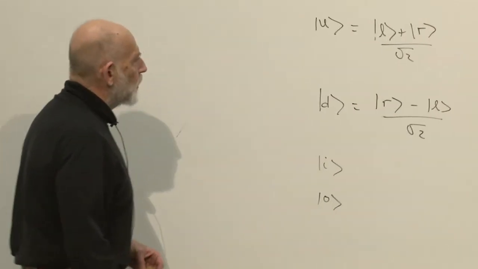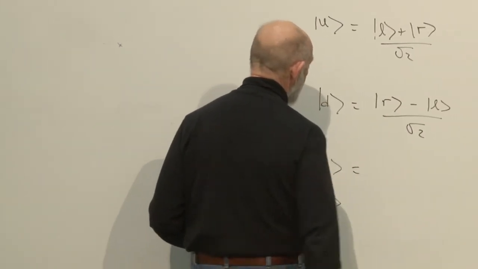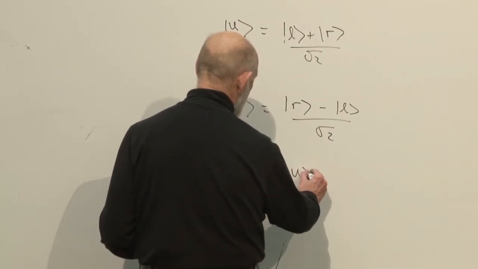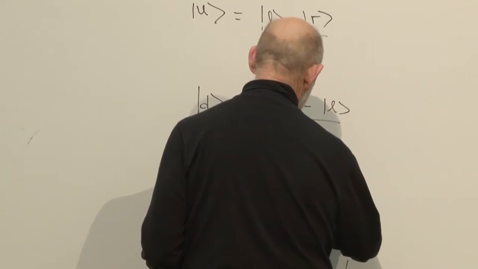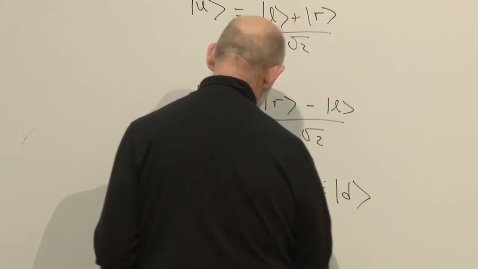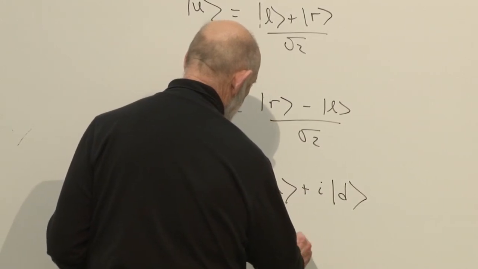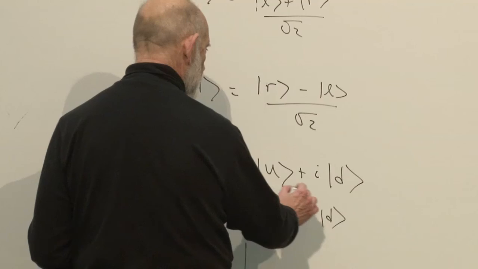I cannot remember which one was which, so I'm going to fake it, and if it comes out wrong, it comes out wrong. I think in was up plus i times down, and out was up minus i times down, and I think I left out factors of square root of 2.